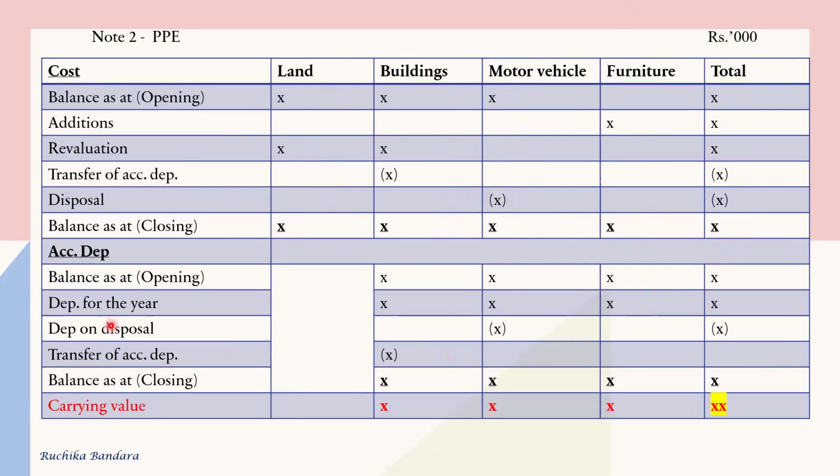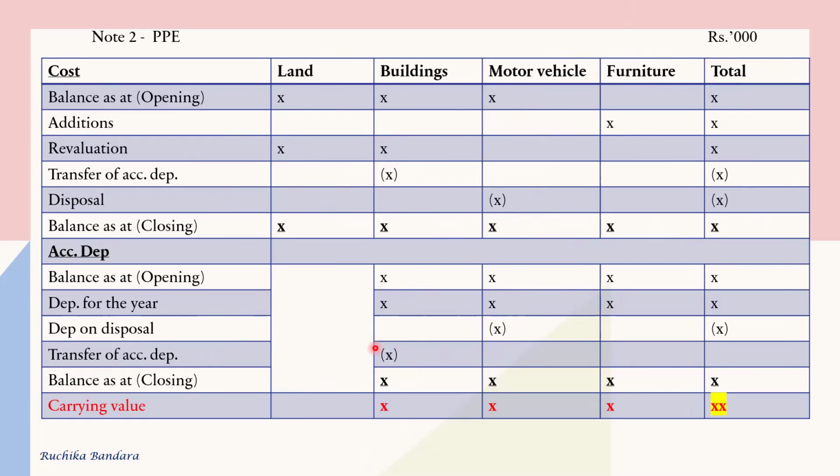Accumulated depreciation balance as at opening date. Except for the land, I have taken the balances. Depreciation for the year: for every non-current asset, you can get the annual depreciation, or the depreciation for the year. Depreciation on disposal: which you have disposed, there is a depreciation, you have to remove it, and then you can get the closing balance. Transfer of accumulated depreciation: again, you have to think of the revaluation lesson.